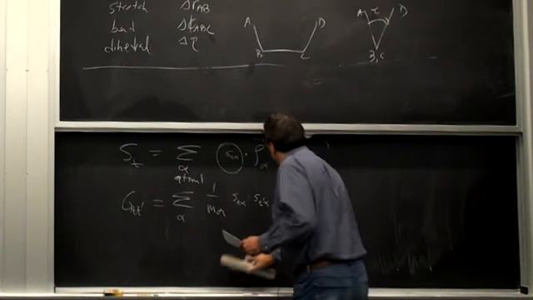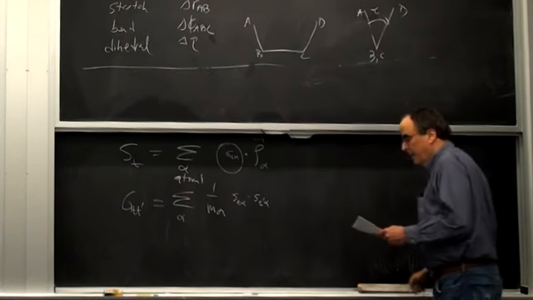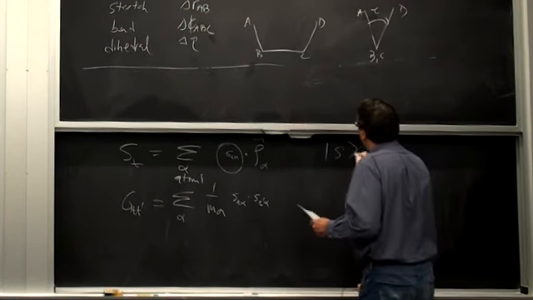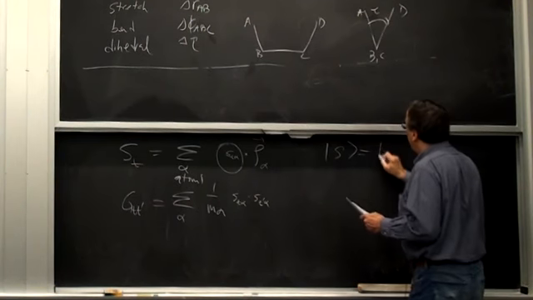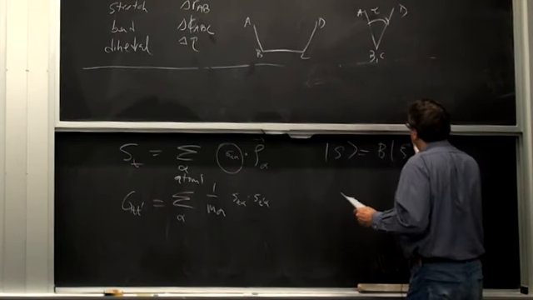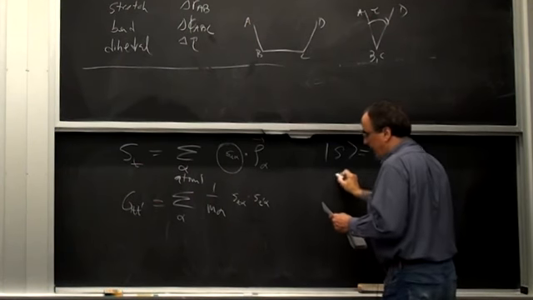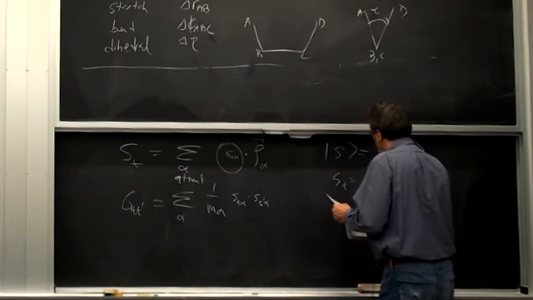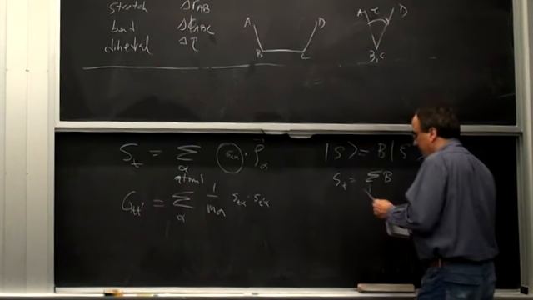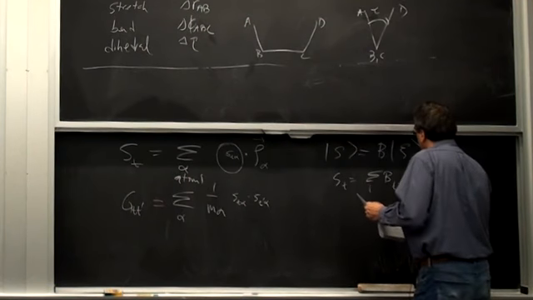Recall that we wrote S in terms of the psi. So S_t is the sum over i of B_ti psi_i.